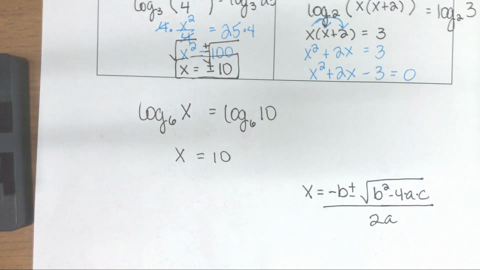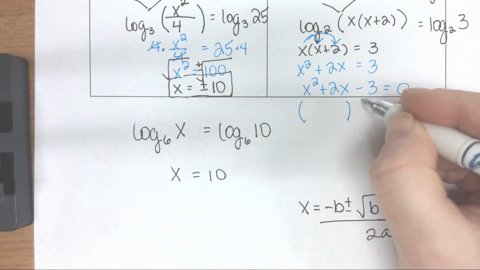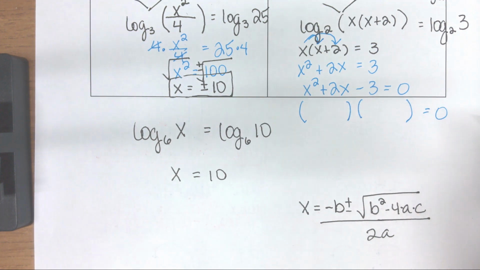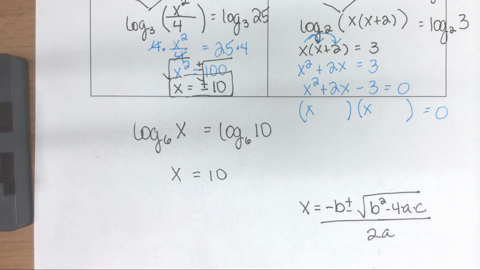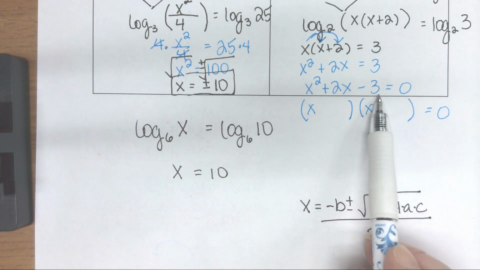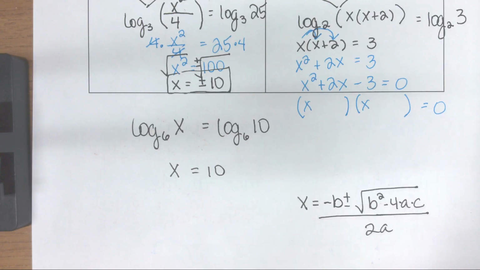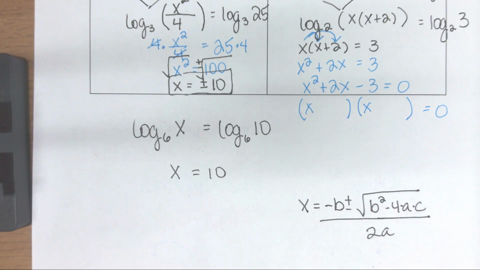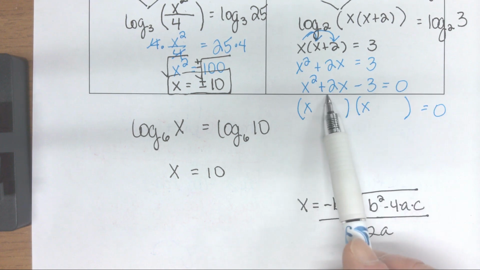I think that's a skill we can always work on. Let's write our 2 parentheses. This is an x and an x. So what we're looking for here is something that multiplies to be negative 3, but the outers and inners add up to be 2. What do you think?